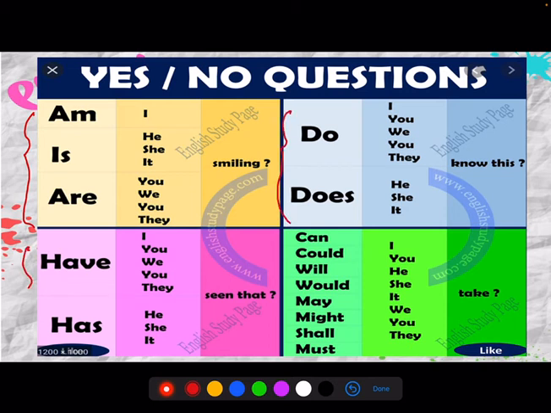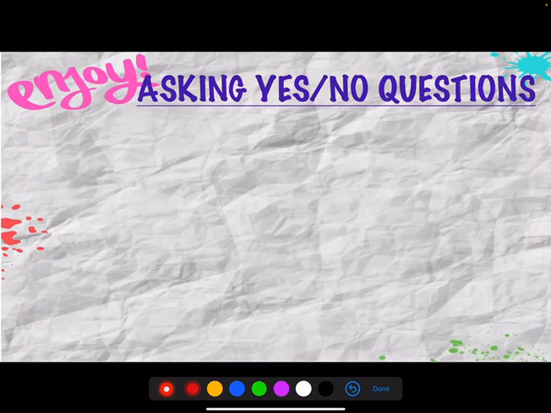We have the verb to have: have and has, and we have the modal verbs: can, could, will, would, may, might, shall, must. Okay, and of course you know the difference between each of these verbs. Let's see the rule now.